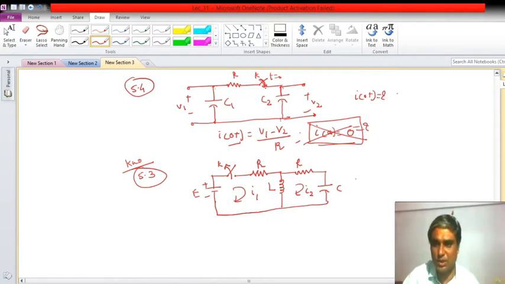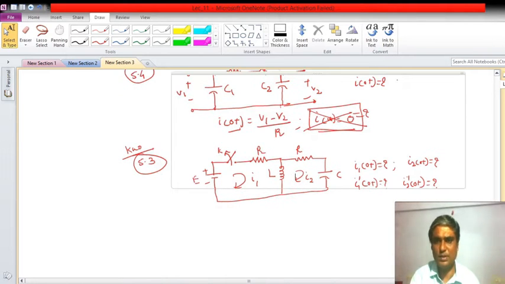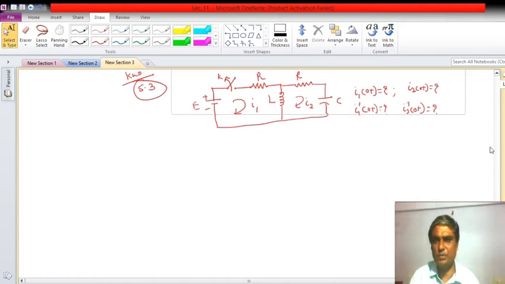This means I have to find i1(0+), i2(0+), i1'(0+), and i2'(0+). To get this, the switch will first be closed.